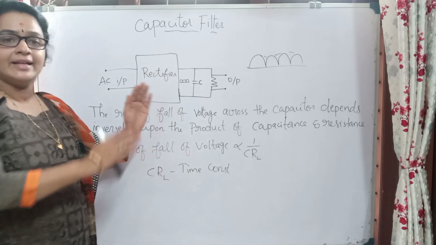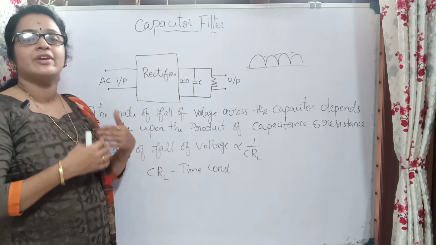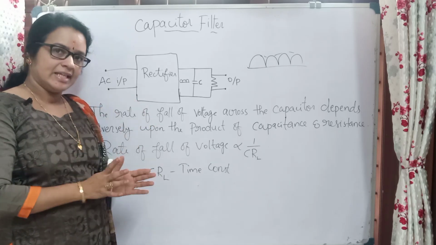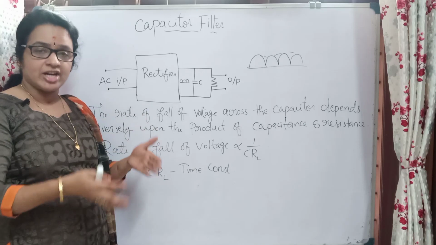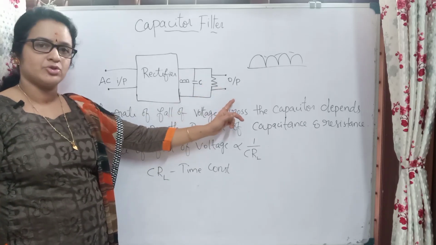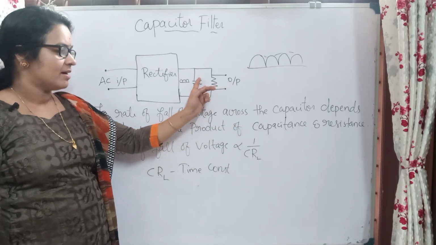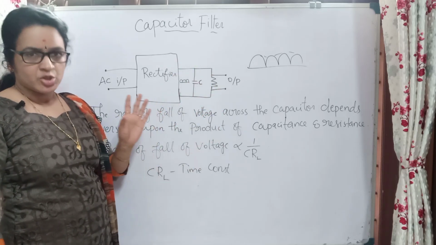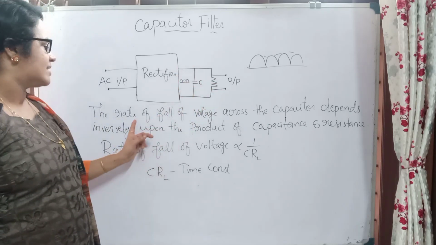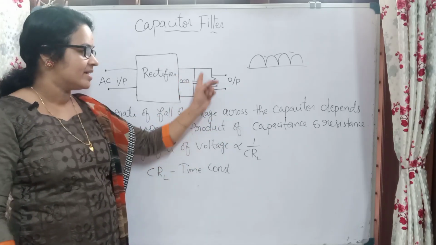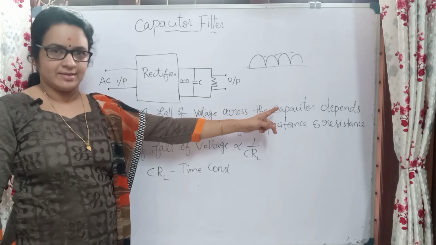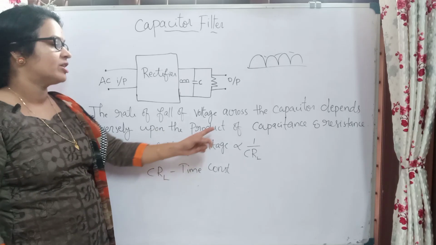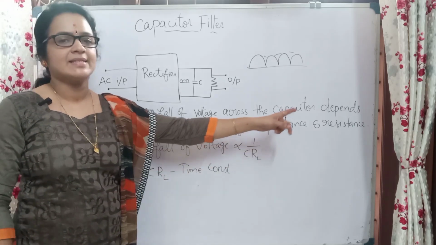If we are charging a capacitor, it will be completely charged. Once it is completely charged, if a load is connected to the end, it will start to discharge through the load. That discharging, the rate of fall of voltage across a capacitor, depends inversely upon the product of capacitance and resistance.